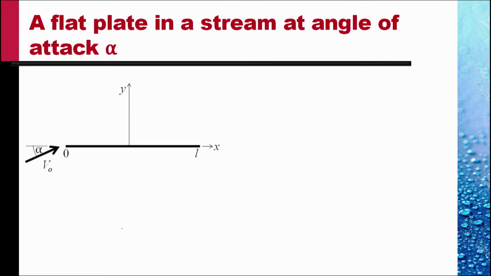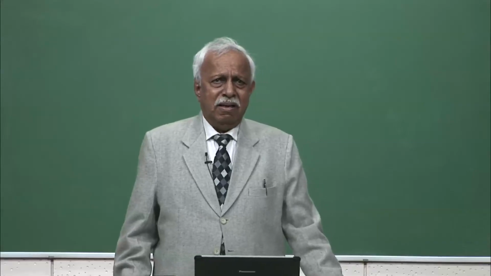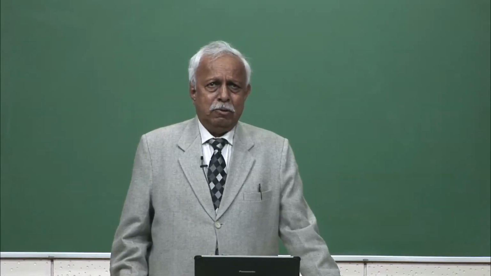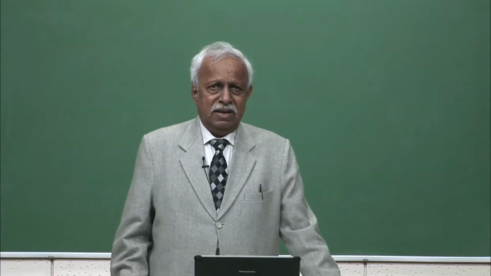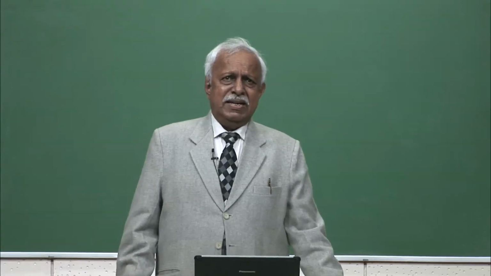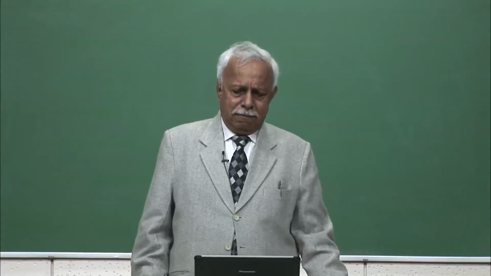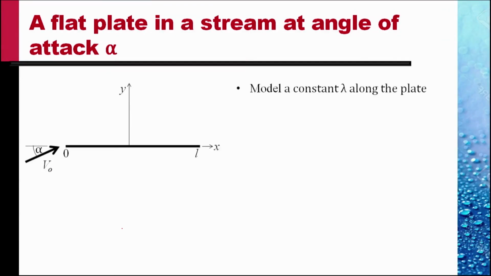Now, once we have found out the phi for a source panel, let us immerse this in a free stream, a uniform stream at a velocity V naught, which is inclined at an angle alpha to this plate. So that this plate is now at a positive angle of attack alpha. So we model a constant lambda along the plate.